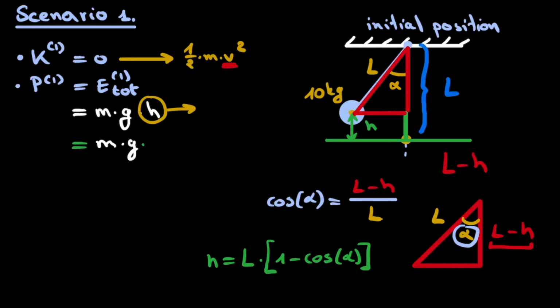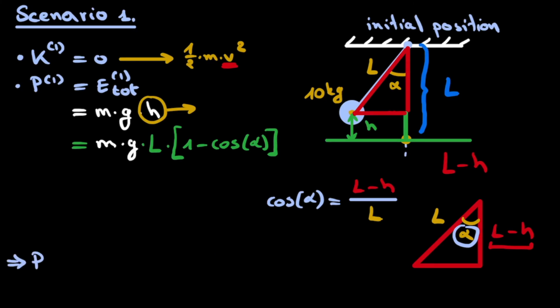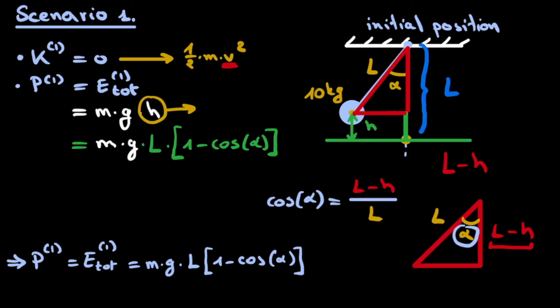And now we can simply fill in this expression that we found for h in our formula for potential energy. And therefore, we find that the potential energy of our first scenario, which is in this case equal to the total energy of our first scenario, is equal to m multiplied by g multiplied by capital L multiplied by 1 minus the cosine of the angle of our initial position.